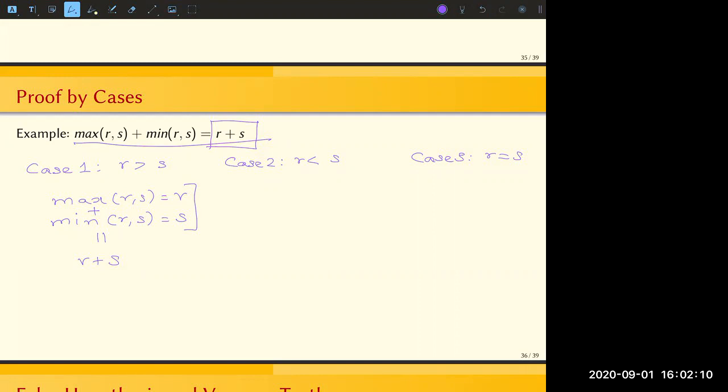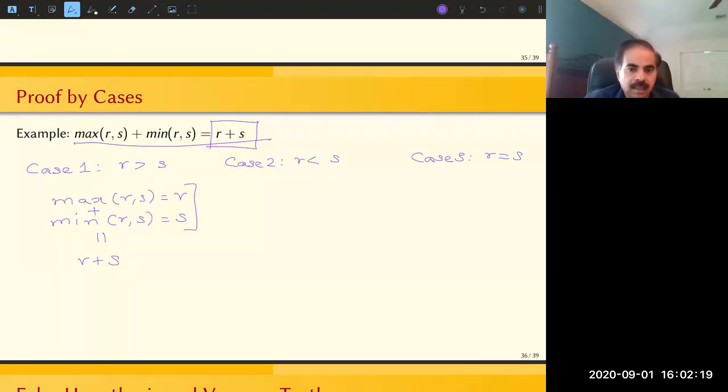Did you set max R comma S equal to R because R is greater than S? Right. Okay, just double checking.